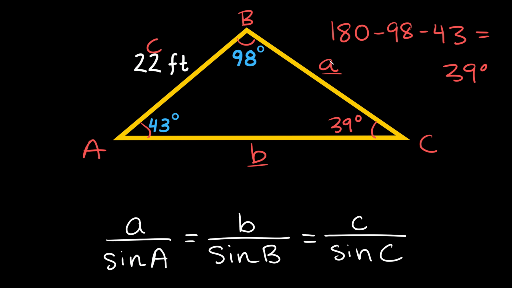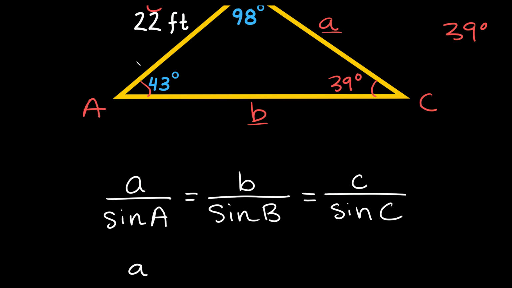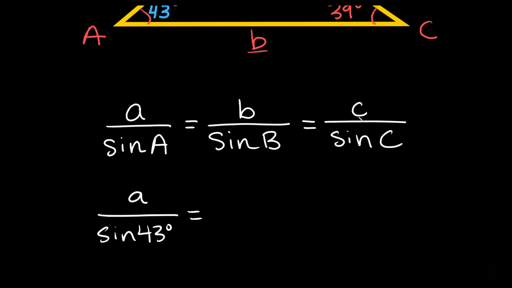Okay, so let's find A first, right, since we don't know what A is yet. So we're going to say here that A over the sine of angle A, so what was angle A? It was 43 degrees. So we're going to say the sine of 43 degrees is equal to, and are we going to want to use B or C in this case? Well, we're going to want to use C. Why?